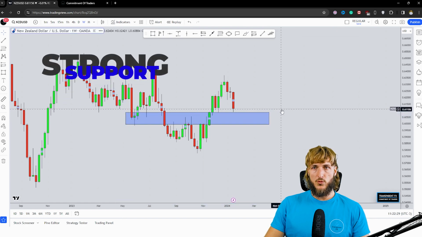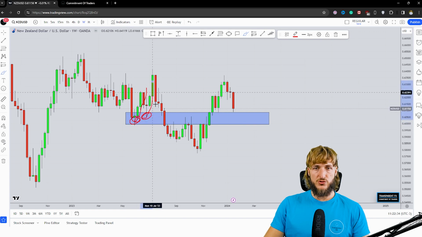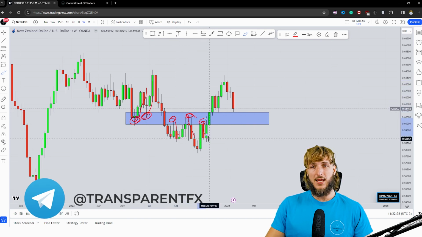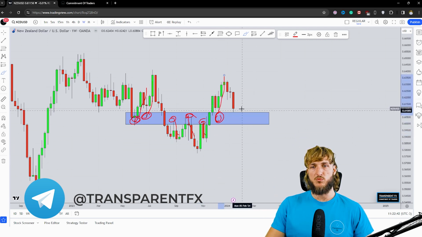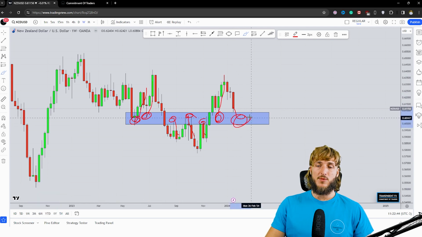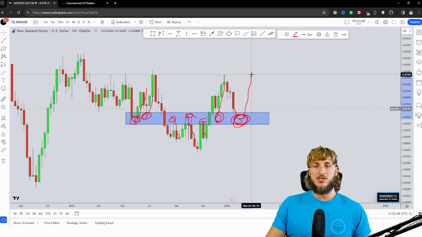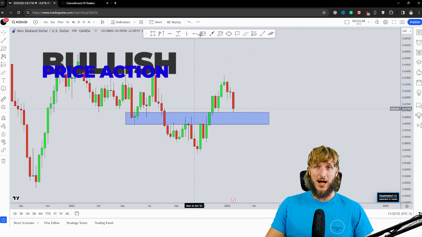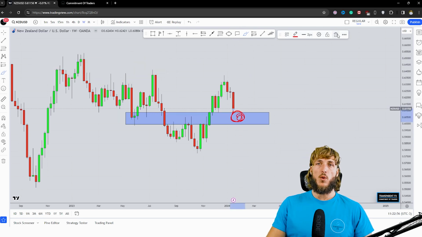In fact, we can see how exactly from here all these previous rejections to the upside were created, then the ones that we have just identified to the downside here. Then we had the break above the zone, and from here the market created this move to the upside, and at the moment the market is currently approaching the exact same level, from which there is definitely the possibility to see a potential rejection to the upside, away from this confluence of support that we have here from a weekly standpoint.